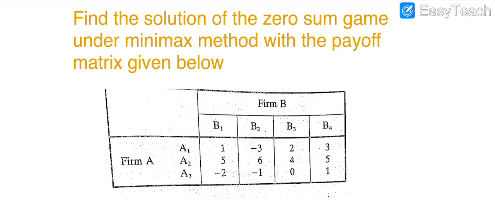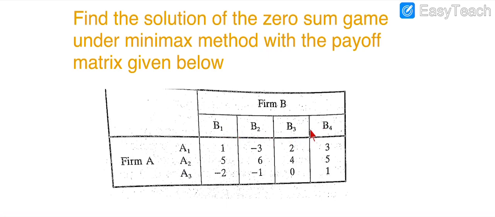What is the Minimax method? Before its definition, you can see the table given below, and this table shows two types of firms, firm A and firm B. See here that firm B has four options: B1, B2, B3 and B4.